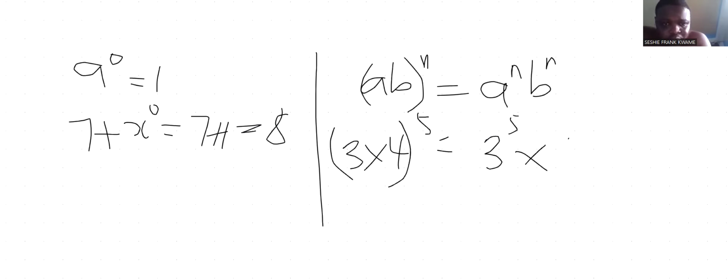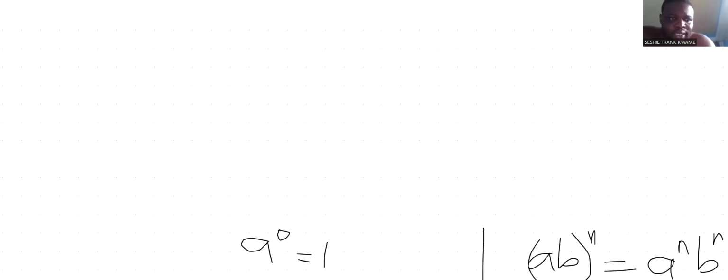Watch out, this is the product, it's not addition. If it's addition, you can't do it this way. If it's a product, then you can go this way. So for the product of two numbers to an exponent, you split the exponent to each of the numbers under discussion. That is the second property that we looked at as well.